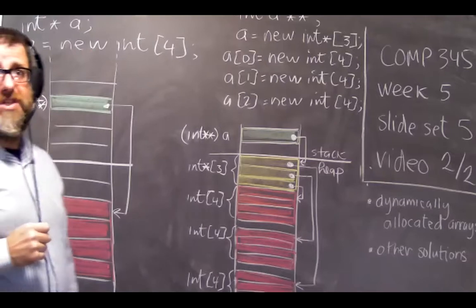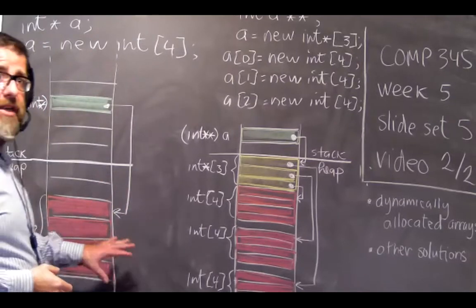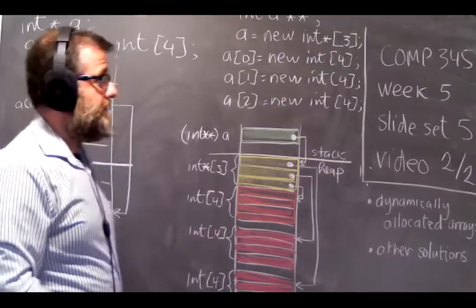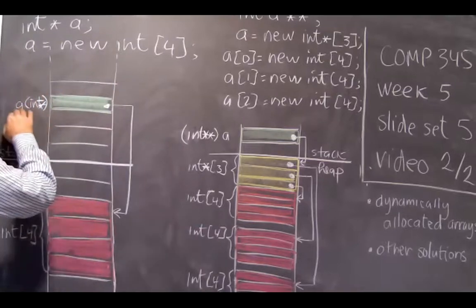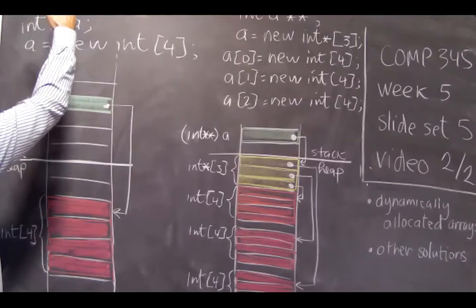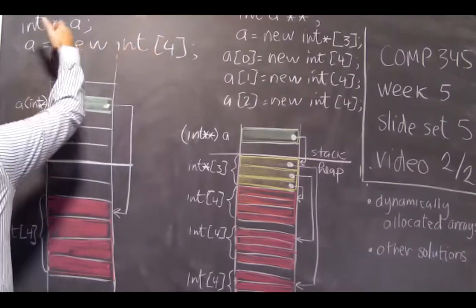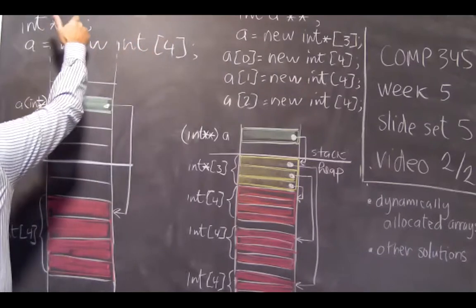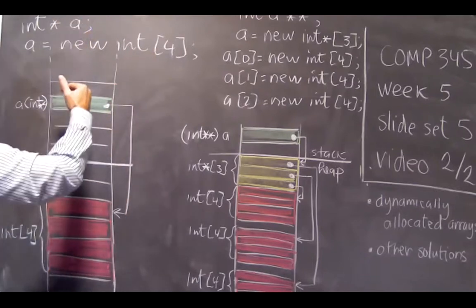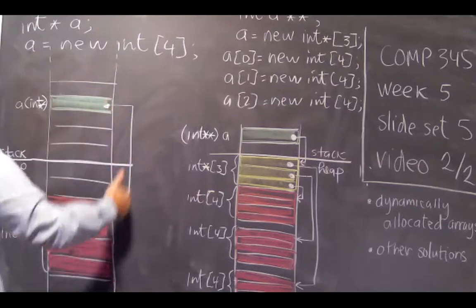If you don't use delete somewhere to actually free this memory, then a is going to result in a memory leak. For example, if you declare this variable a in a certain function, and then you make this pointer point to this new array, and you return from this function before you can actually do delete, then this will be lost.